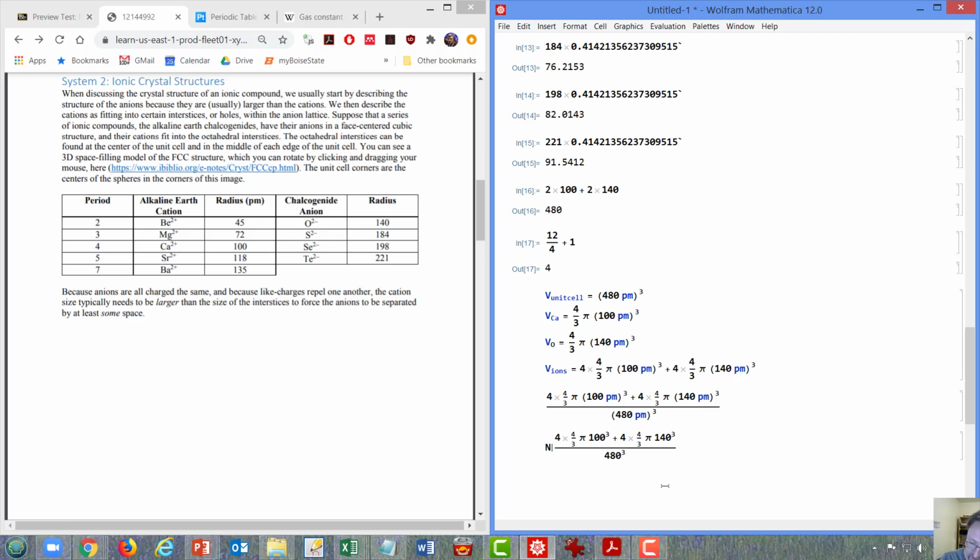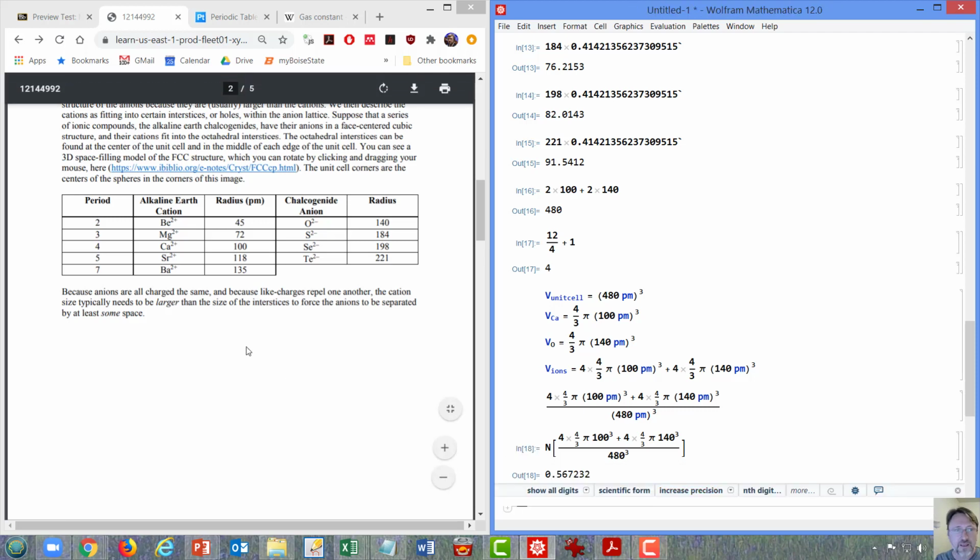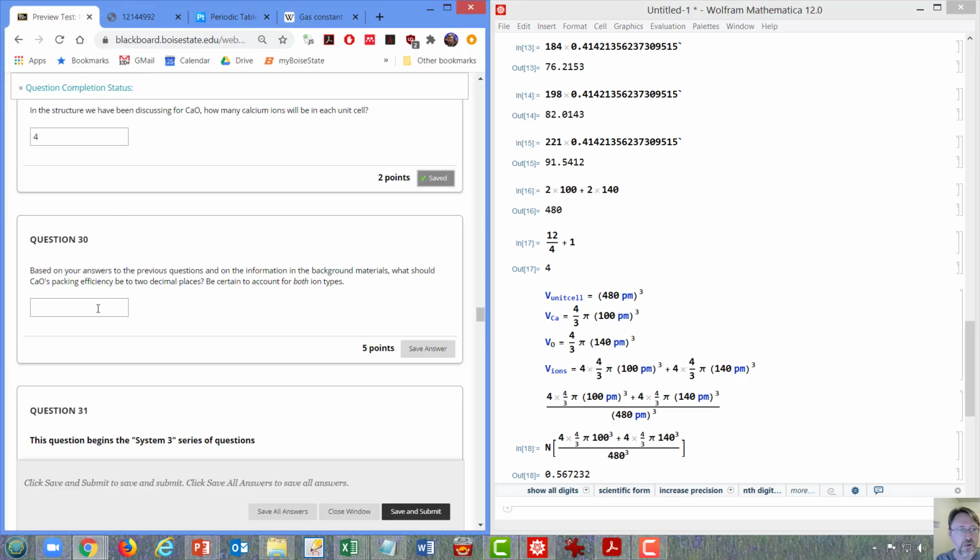Okay, and again, in a normal calculator, you would just type in the numbers and do it. In this particular program, when I'm using it like a calculator, I have to tell it, in some cases, to turn it into a number, which is what I just did. And we get that it is 56.7% efficient. So packing efficiency to 2 decimal places is 0.057. All right.